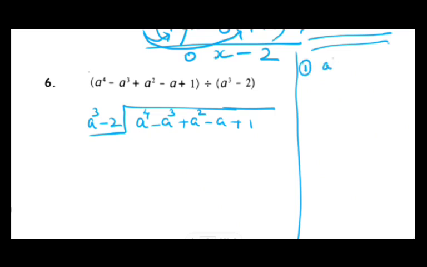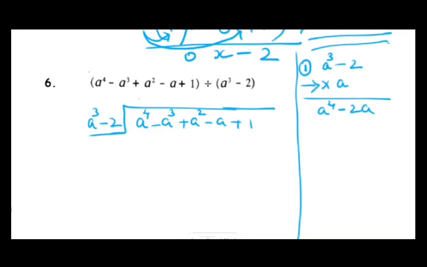First, a cube minus 2 should be multiplied with just an a, which makes it a raised to 4 minus 2a. Children, place the monomials under the same degree.